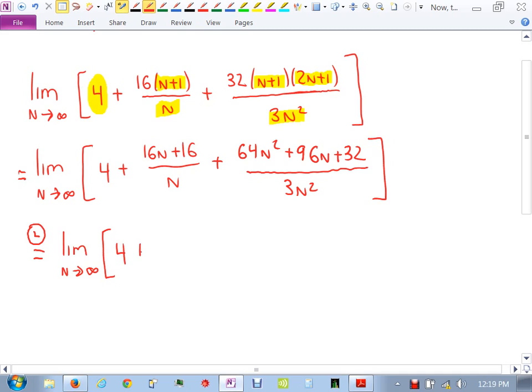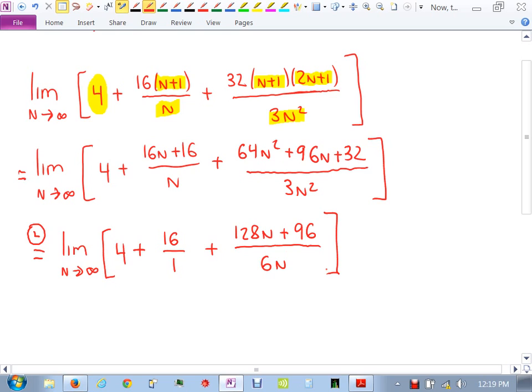4 plus, okay, what is 16n plus 16? What's the derivative of the top? 16. Derivative of the bottom? 1, right? Okay, plus, now what's the derivative of the second fraction, the top? 128n plus 96 over 6n.